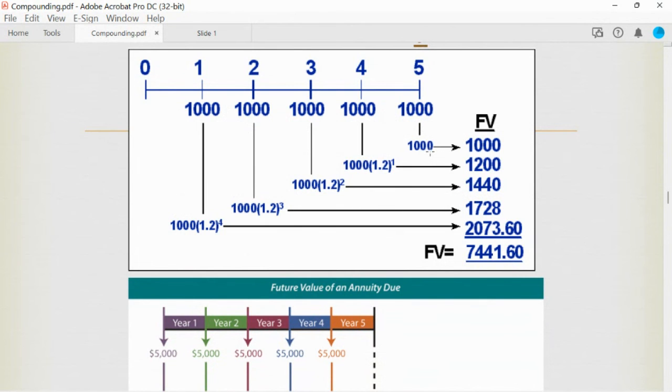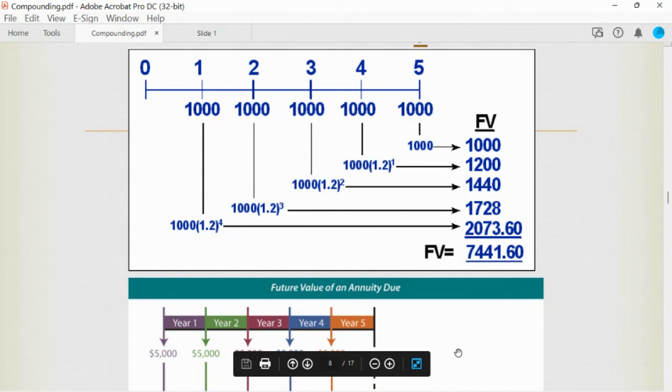So you're not going to earn any interest. By the end of year 5, all of those future values, if you add them up, it's going to be 7,441.60. Okay, that makes sense.